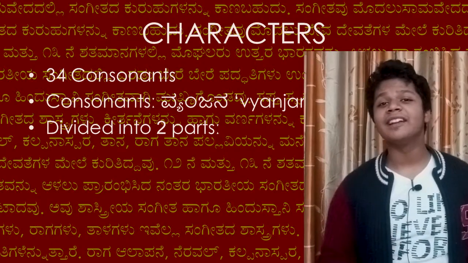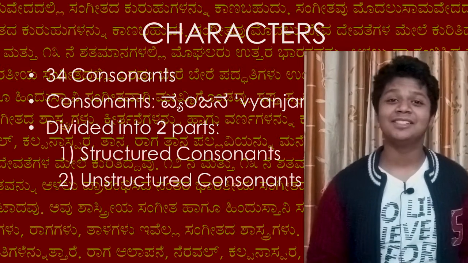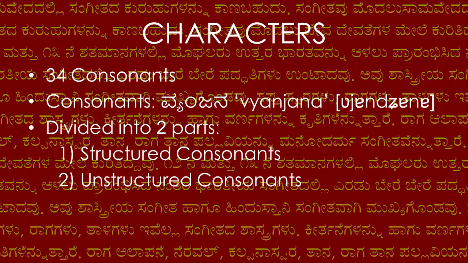The consonants in the Kannada script are divided into two parts, the structured consonants and the unstructured consonants. The structured consonants contain plosives and nasals, and as we go ahead with this series, we will see this trend in most of the Indic scripts.